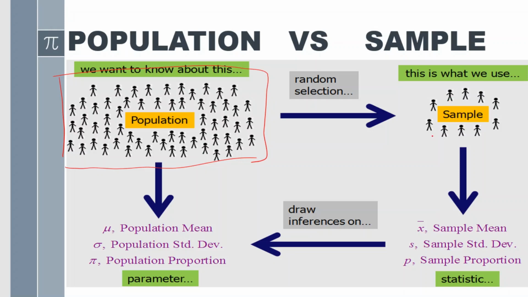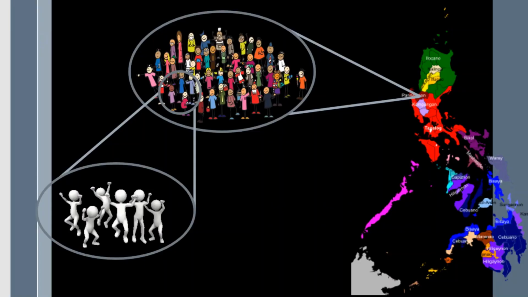That is your sample. Then you're going to do, of course, your statistical measure here. Then you're going to draw your inferences about the population based on the data that you gather. Another example is, for example, we have the Philippines here.